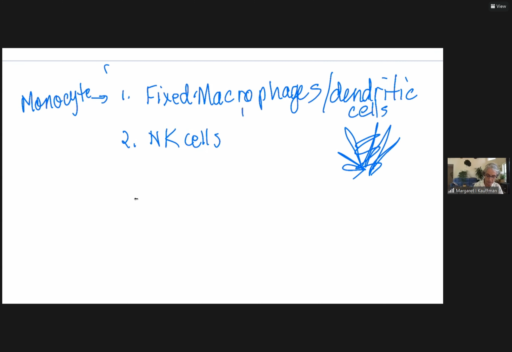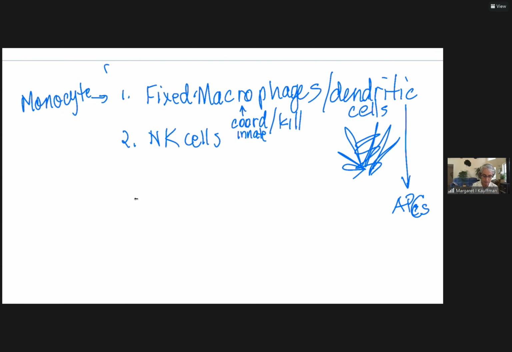Well, these guys are mostly for coordinating and killing, coordinating the innate and killing. And these guys are mostly going to become antigen-presenting cells. Now, they do kill the pathogen in order to do that, but their main focus is to go and try and get the adaptive initiated, as opposed to staying locally and doing the job locally of killing and then sending out cytokines to coordinate other aspects.